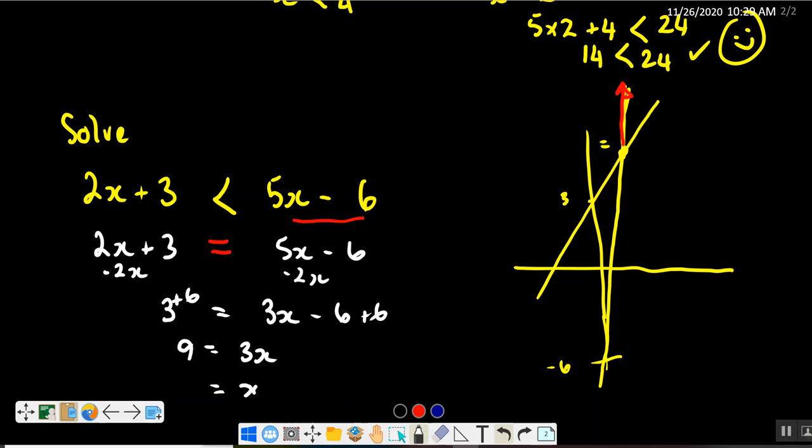So this is now x equals 3. That means x equals 3 at that point. So what's the final solution? It's not the equals, it's the inequality, so put that back in.